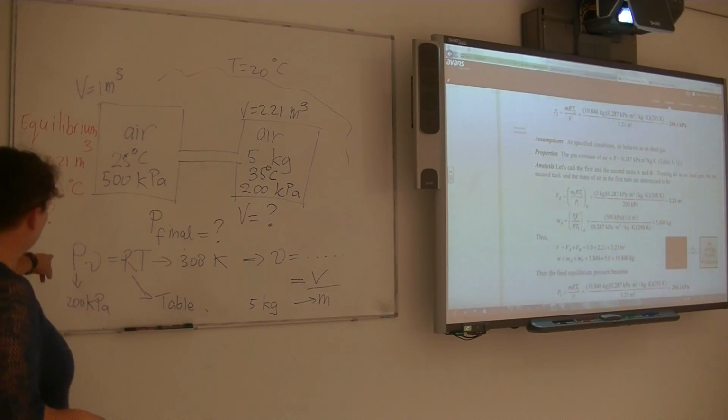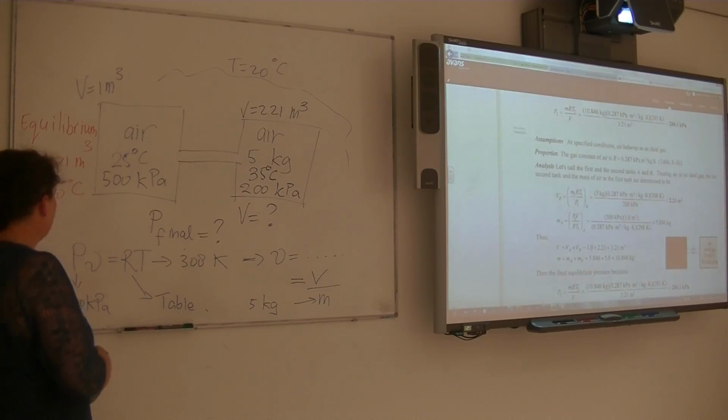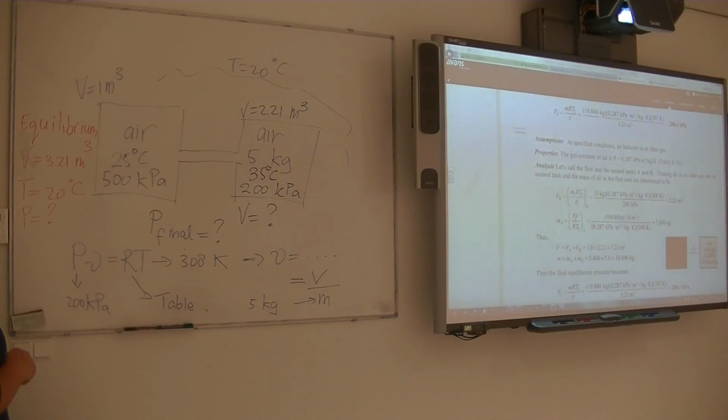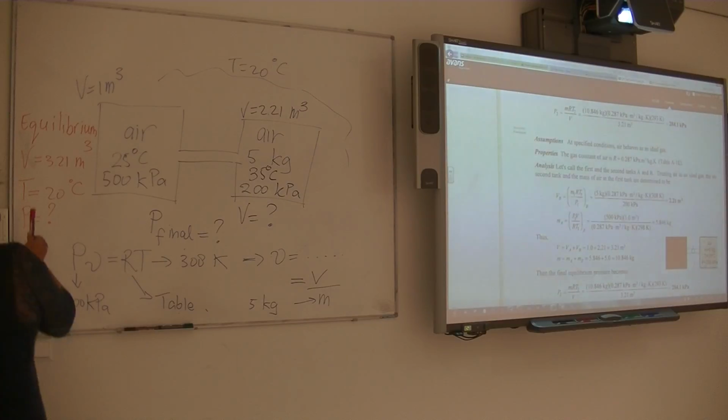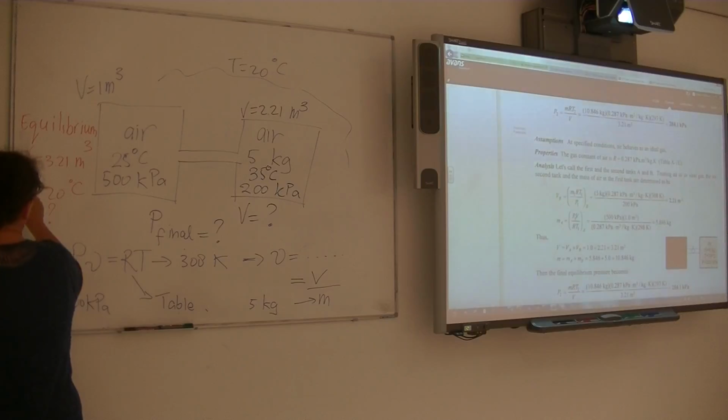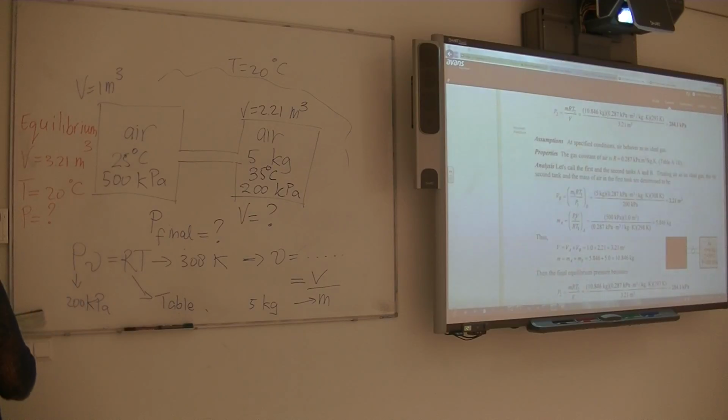In this case, it's P times small v is RT. The only problem is we know the volume and the final temperature, but to determine the pressure we have to know the specific volume.